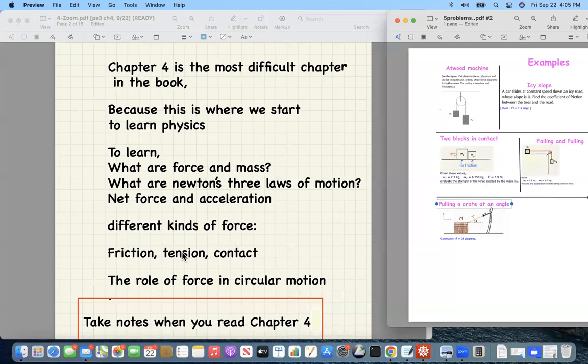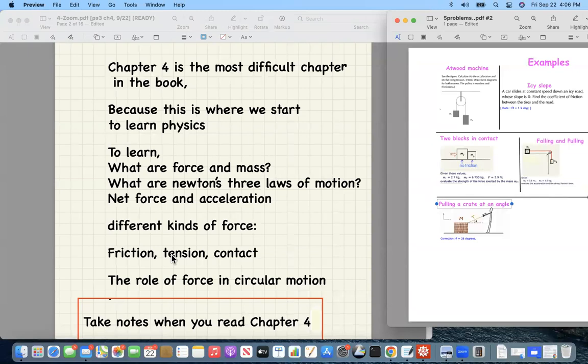Another example is tension. That's when you have a cord, a string, or a cable connected to some object. Well, the cord will exert a force on the object. What is a force? Well, the simplest answer, the answer you probably learned back in grade school, is force is a push or a pull.